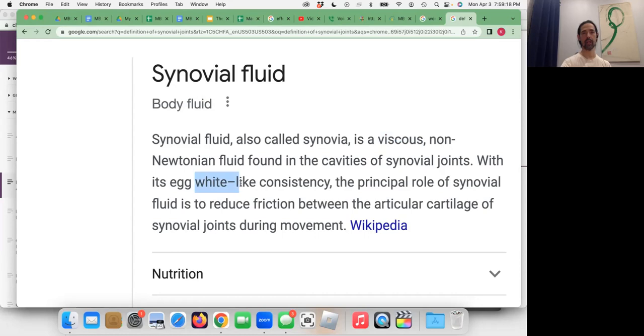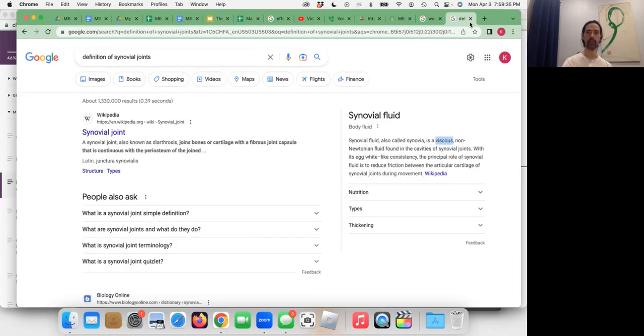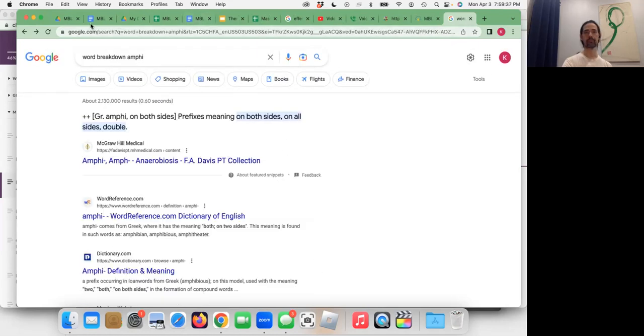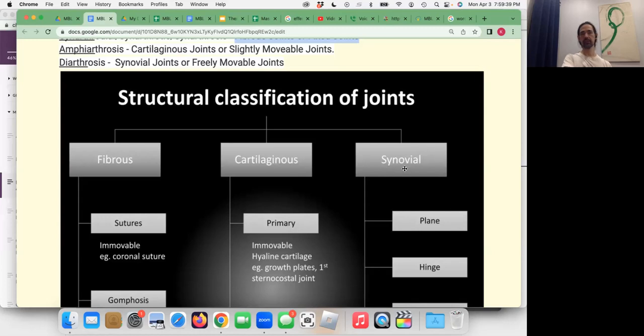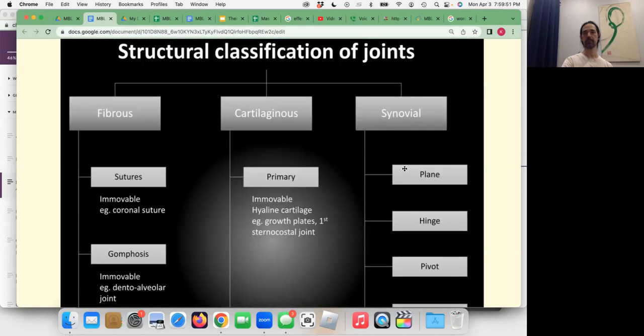Typically, it's a little bit whitish, and viscous means kind of like a gel or an oil or sticky. It flows more slowly than liquid. All diarthrotic joints are lined with synovial tissue. I think I've heard it referred to as synovial cartilage, synovial cells, synovial fluid.